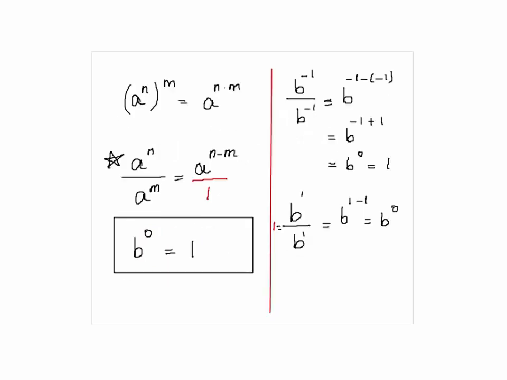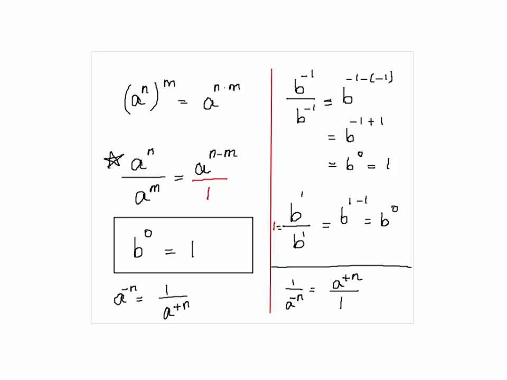Now, the next property that we learned was if I have a to the power of minus n, if I have a negative exponent, I can change that to positive by writing it as 1 over a to the power of plus n. And this is also true if I have 1 over a to the power of minus n, it would be equal to a to the power of plus n over 1.